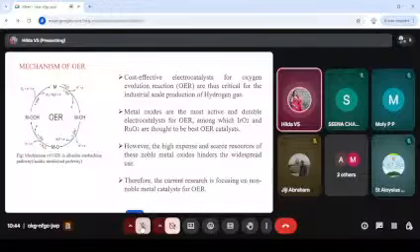On the left side we can see the mechanism of oxygen evolution reaction in both alkaline and acidic medium. I'm doing my work mainly in alkaline medium, and the blue one is the reaction in alkaline medium.